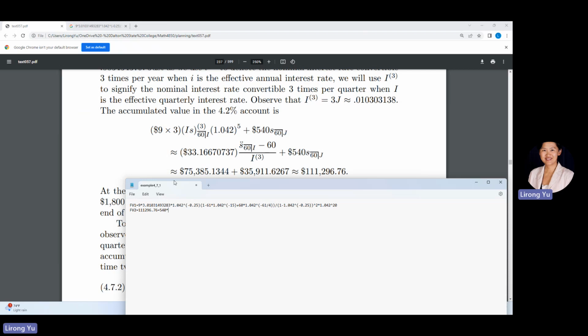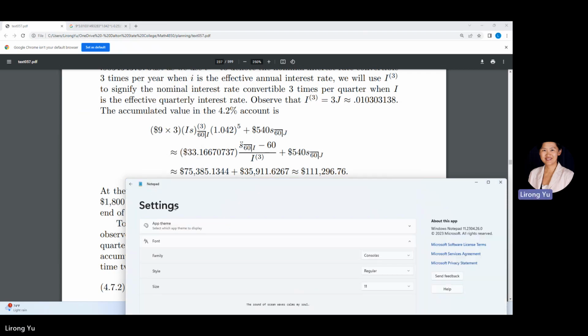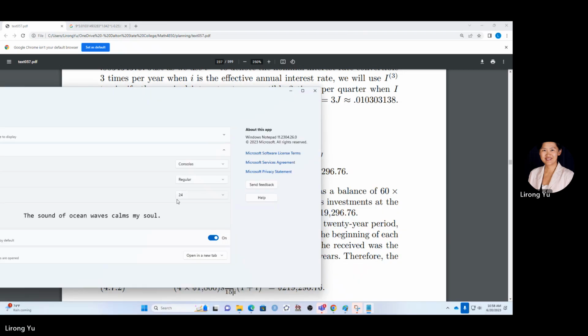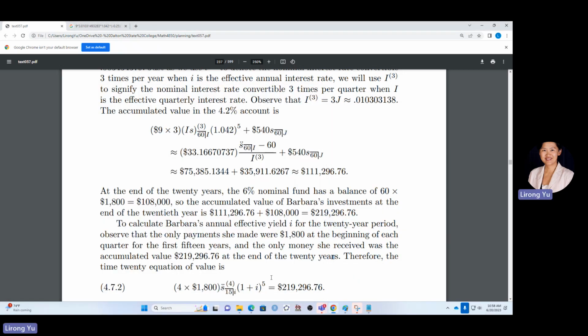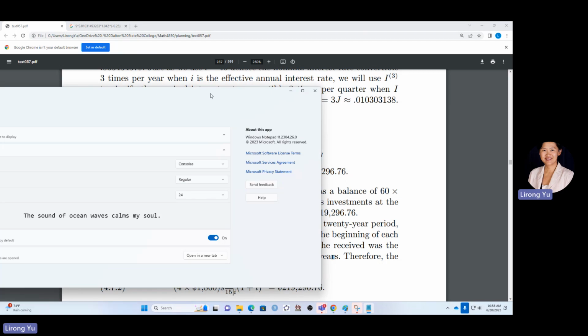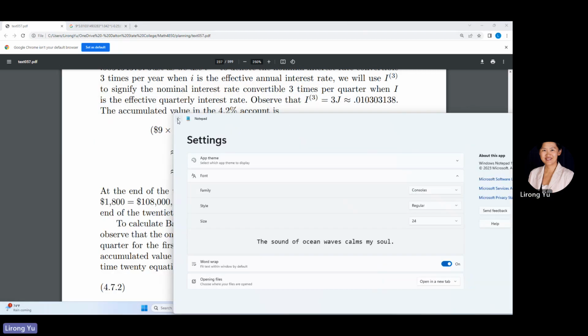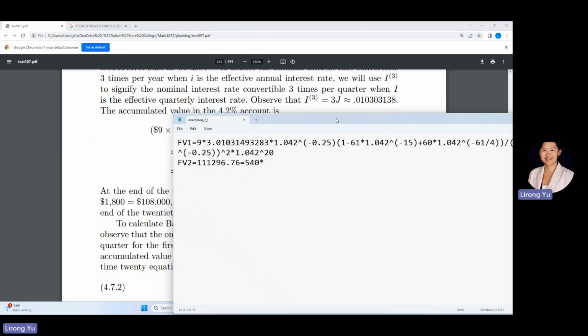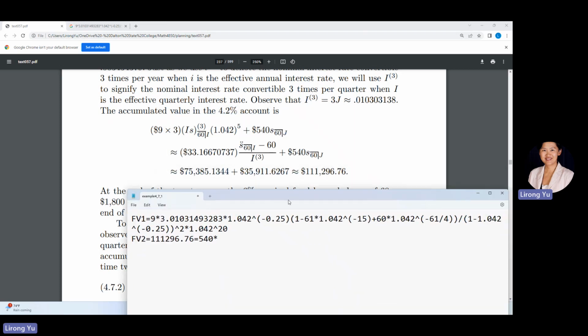540, I guess we can make it larger so it's easy to view. We want the size to be bigger. All right, at least that's a little bit bigger. 540 times the future value of 60 payments.